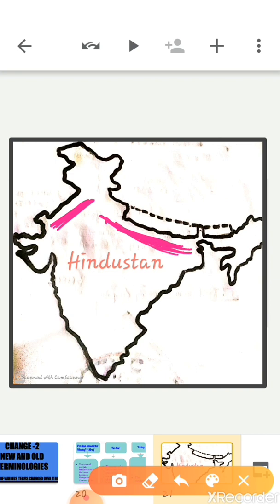According to Minhaj Siraz, this area was ruled by the Delhi Sultan. So according to him, South India was not a part of the term Hindustan. Clear?